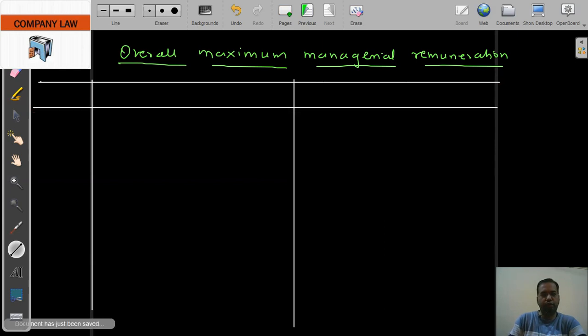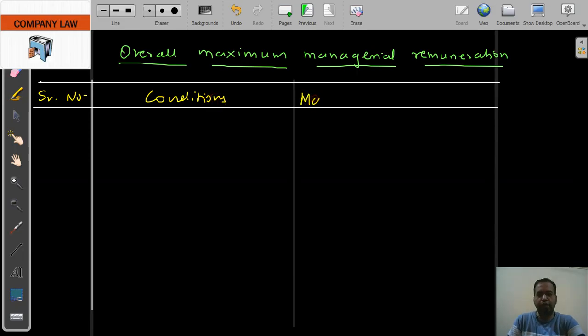We can just put over here the serial number, or you can say conditions for managerial remuneration, and the maximum remuneration in the financial year. One by one we will try to understand.